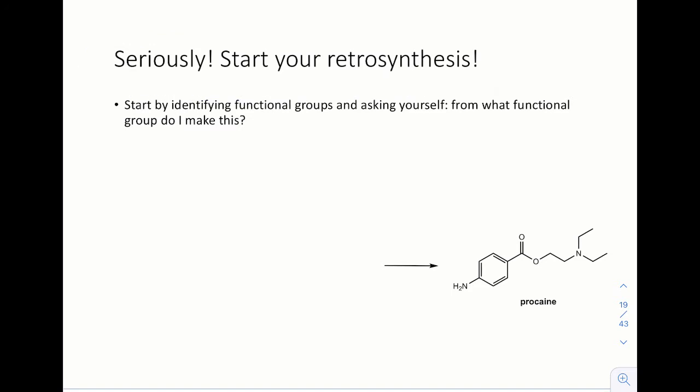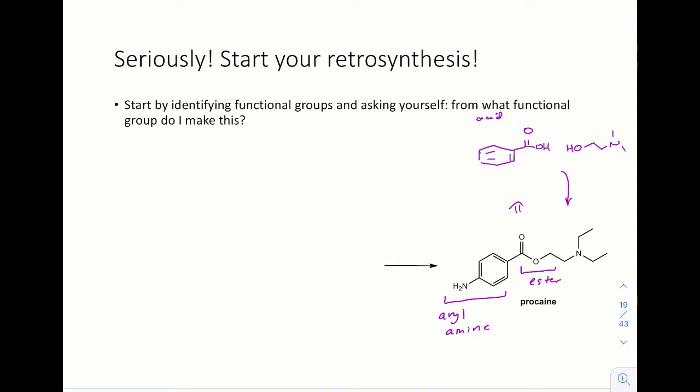Seriously, start your retrosynthesis. Identify functional groups and ask yourself, from what functional groups do I make this? 2 functional groups stand out here. 1, the aryl amine, and then 2, the ester. We have spent some time discussing how to make esters from benzoic acid and an alcohol.